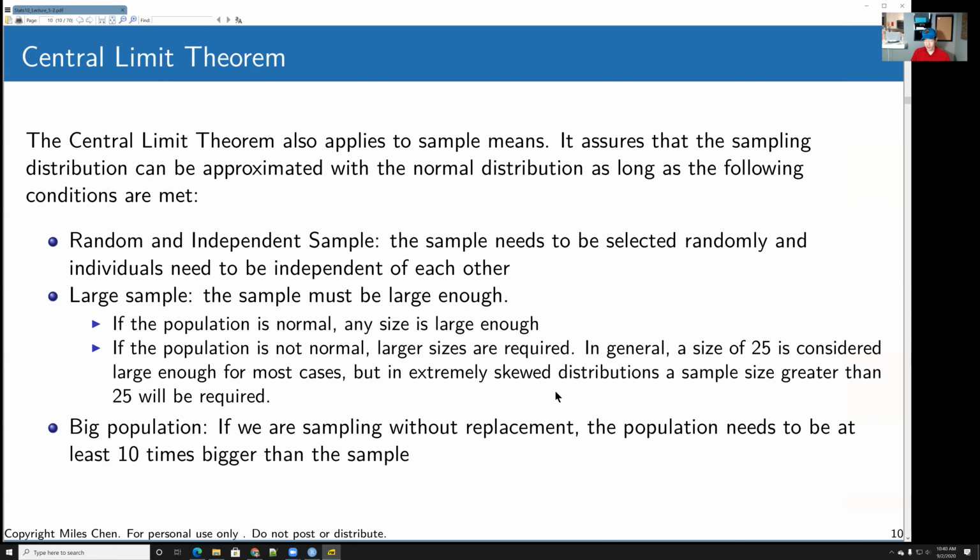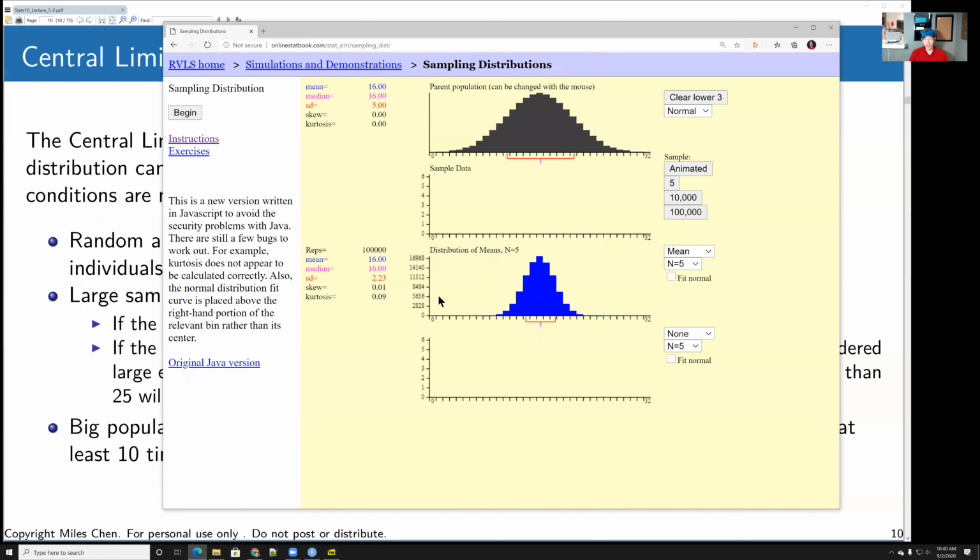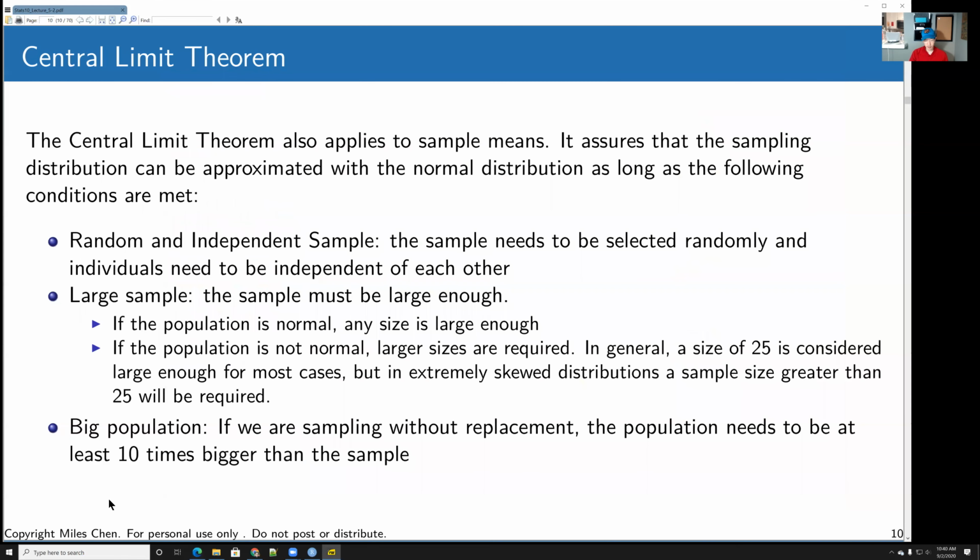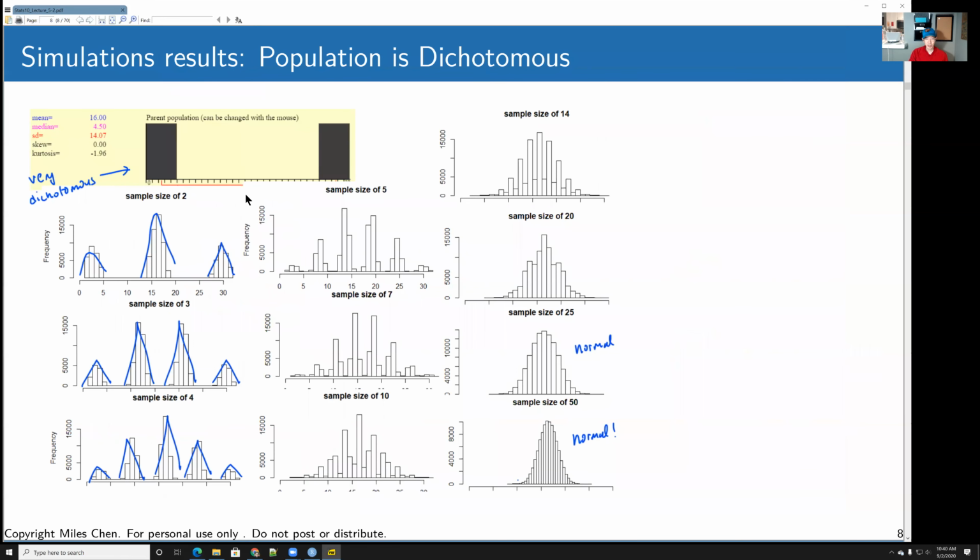So we kind of saw that also, even when I had the distribution that was very much not normal, where it could only produce values between 0 and 5 or 27 and 32, and it couldn't produce any values between, say, 6 and 26, that's a very strange distribution.